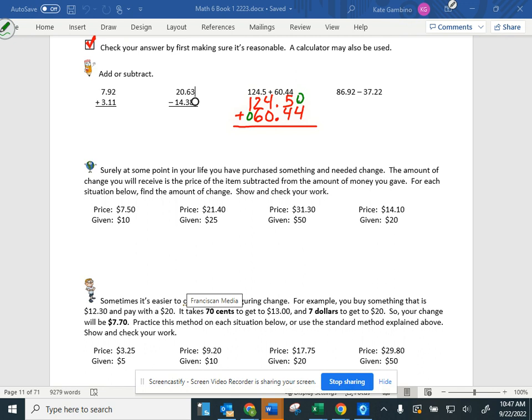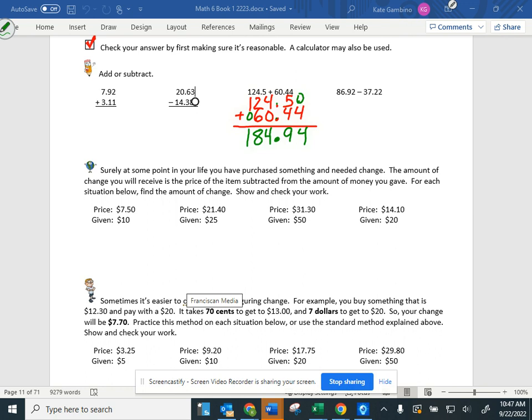So I am going to add 0 plus 4 is 4. 5 plus 4 is 9. 4 plus 0 is 4, 2 plus 6 is 8, 1 plus 0 is 1, and I am going to bring that decimal point straight down. So my hundredths, my tenths, my ones, tens, and hundredths all line up. Does that make sense?